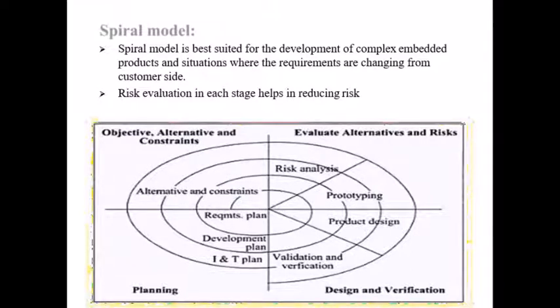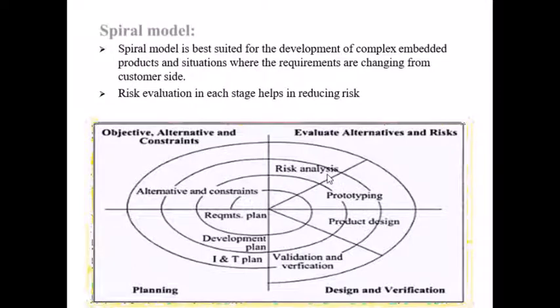The spiral model involves all the steps of the waterfall or linear model, but it is a cyclic process, and after each important phase a risk analysis is done. That is important in the case of the spiral model.